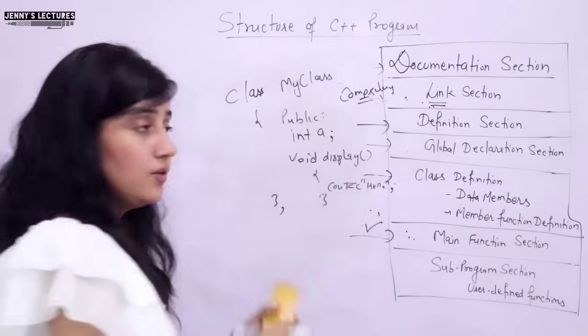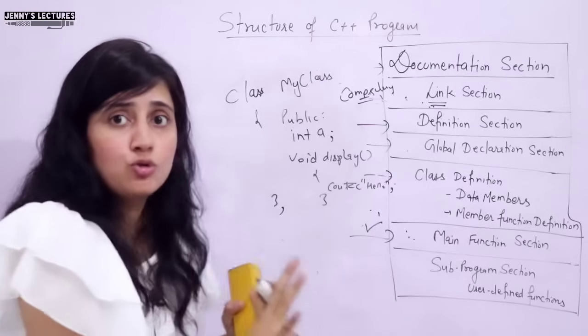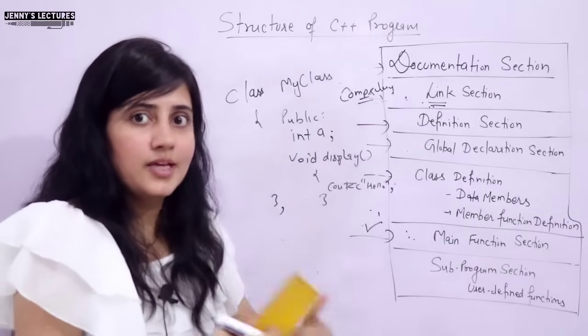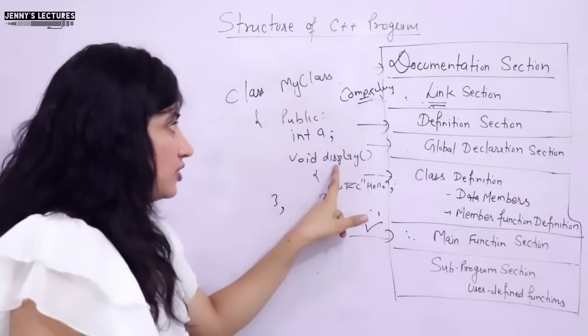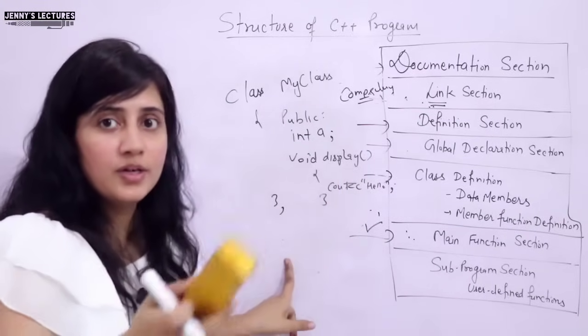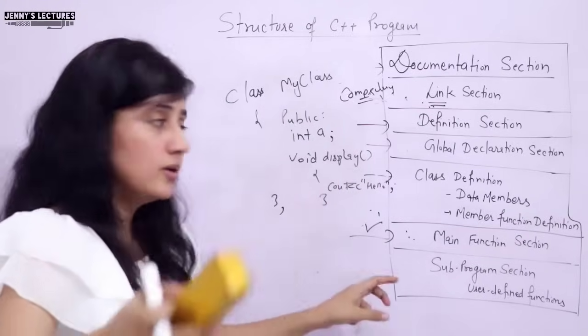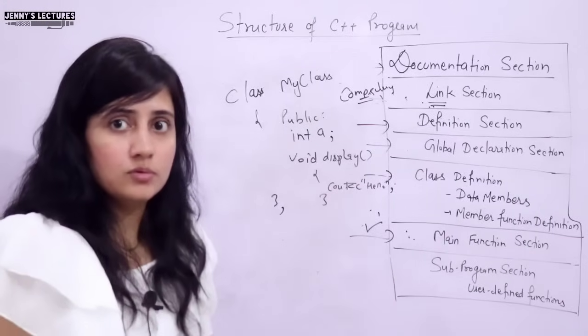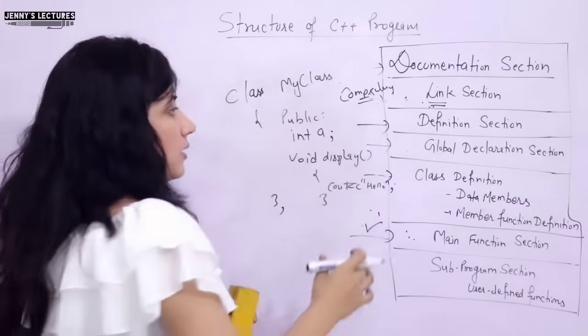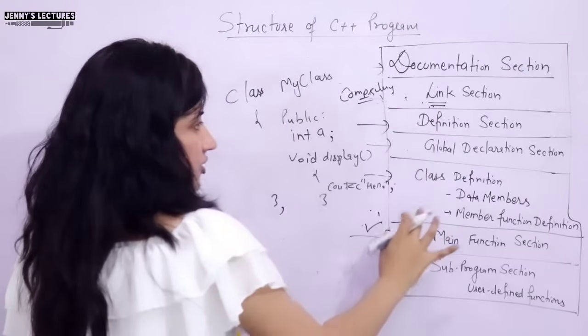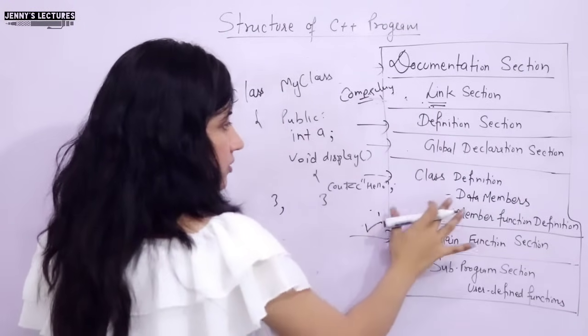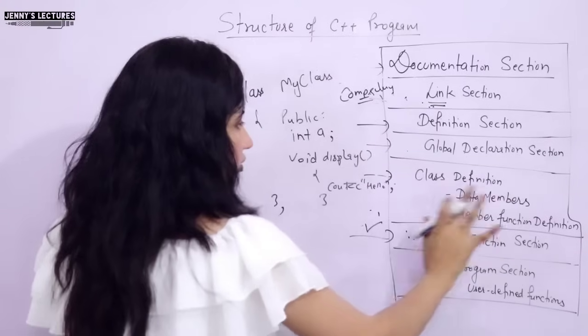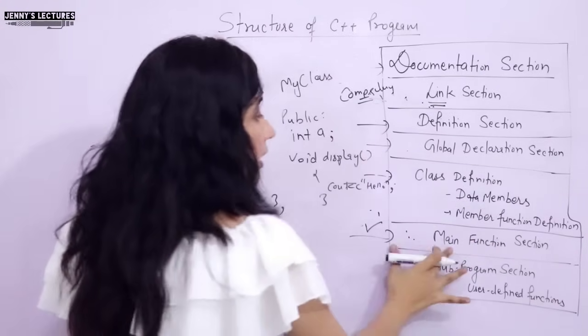If you don't want to define the function within the class, you can define it outside the class also, but there you have to tell the compiler that this function is from this class. So the syntax would be different, class name, scope resolution operator, and after that the function, that also we can discuss. So this is the next section, optional, class definition, where we have data members and definition of member functions, that's it.